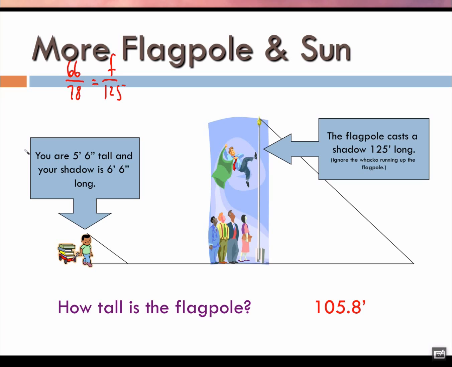Uh-oh, what happens? It works. Even though these are in inches and this is in feet, it still works. So what if we go back to what you said? Well, no, you need to convert everything.